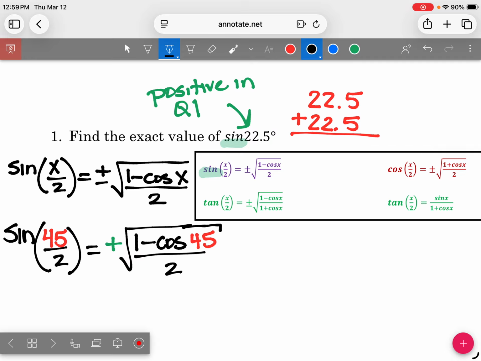So now go to your unit circle and figure out what is the cosine of 45 degrees. Cosine of 45 degrees. And you should get root 2 over 2. Who got root 2 over 2? All right, good.